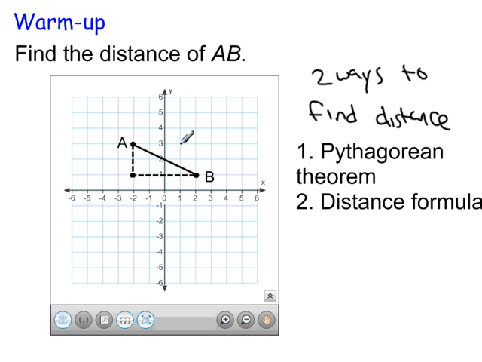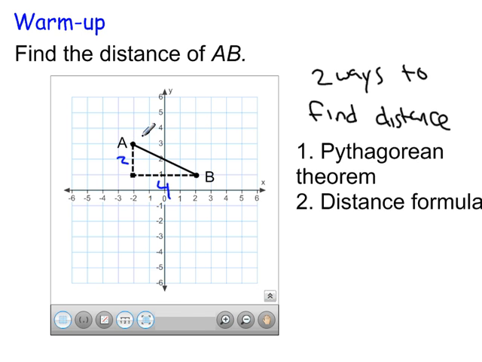And think of the dashed lines as the legs of the right triangle. So what's the measurement of the leg over here? It's 2. What's the measurement of the leg over here? Well, let's count the boxes. 1, 2, 3, 4.